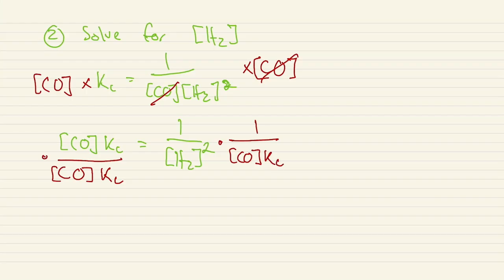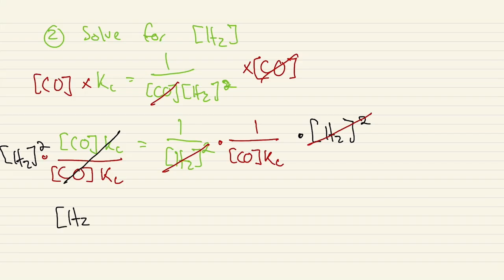And then simultaneously, we can multiply by H2 squared, right? On the left-hand side, these cancel out, and on the right-hand side, the H2 squared cancels out, right? So we don't have to start with doing this step, but if we did, that's fine. We can still isolate H2 the same way here. So we get H2 squared is equal to 1 over CO Kc.